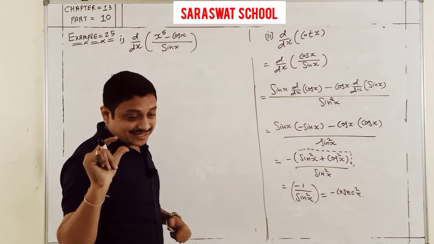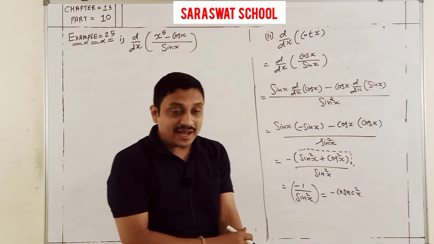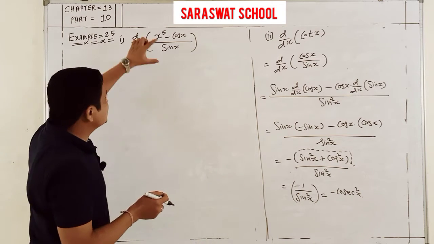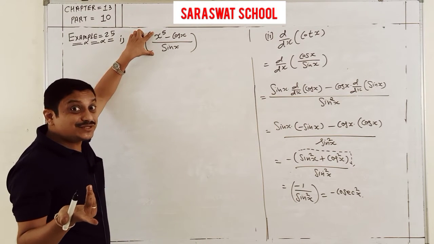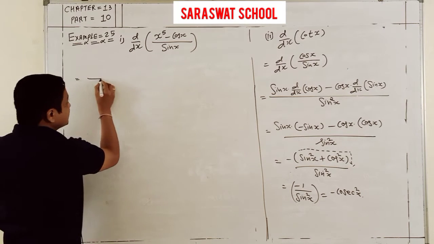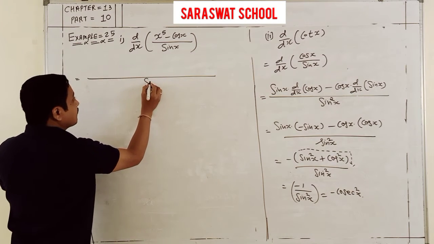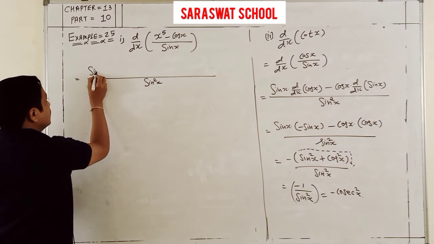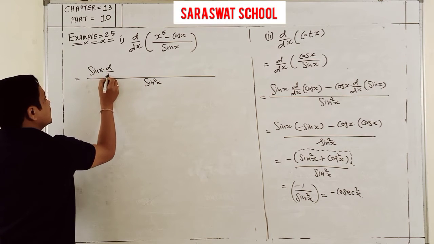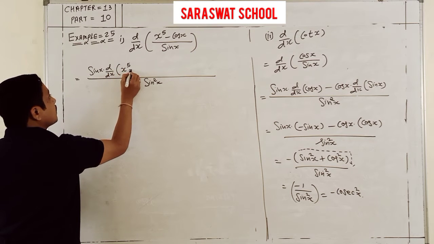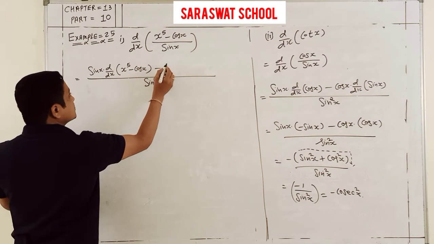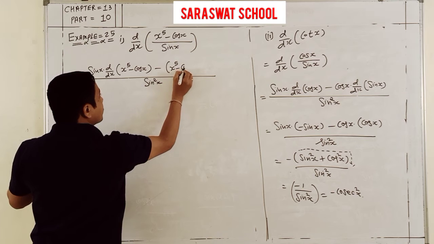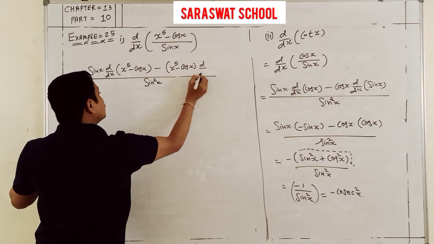Again repeat the question, x raised to 5 minus cos x by sin x. Yes. So students, here just apply our division rule. So in the denominator, square: sin square x. Now denominator d/dx of numerator minus numerator d/dx of denominator.